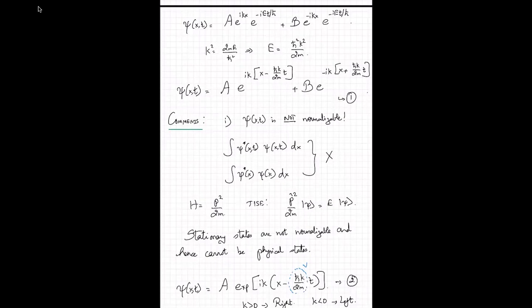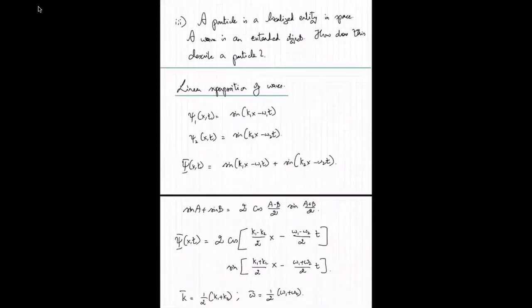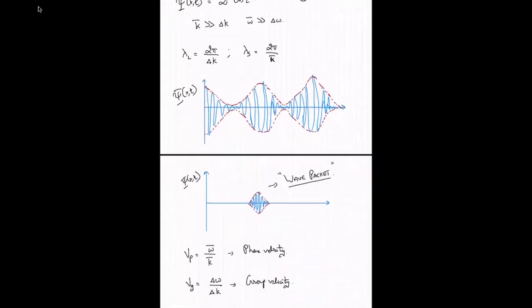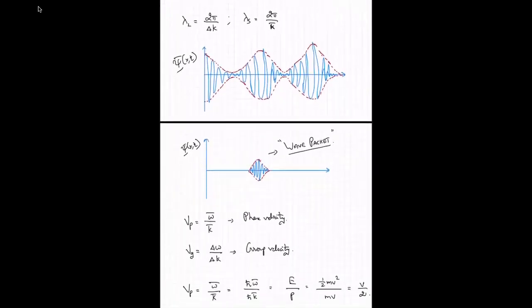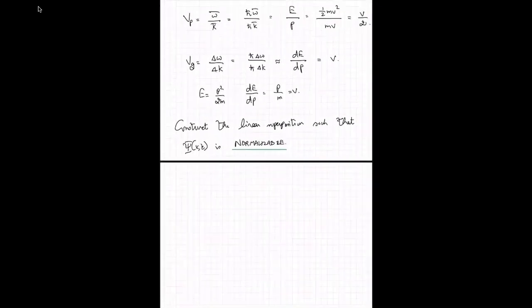Correspondingly, k can be any continuous parameter, which means we have at our disposal all different values of k, an infinite number of values of k. So we have to construct the wave packet by taking the linear superposition of all these infinite different values of k, which means our linear superposition will not be a sum, it will actually be an integral.